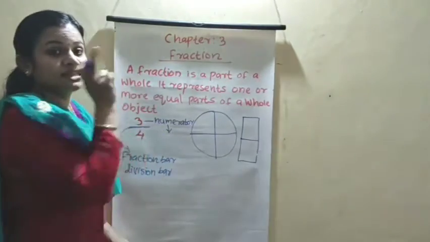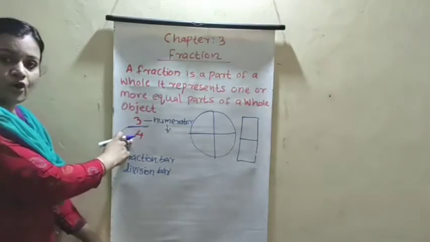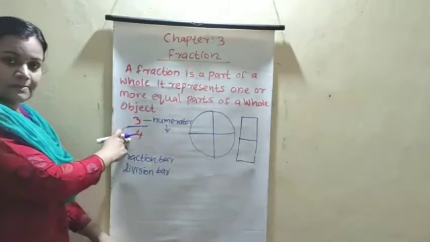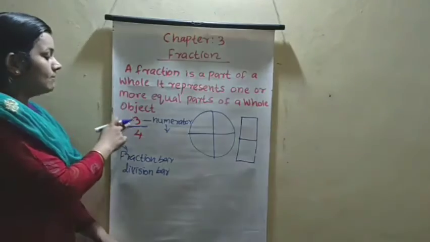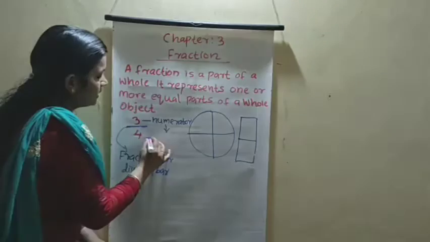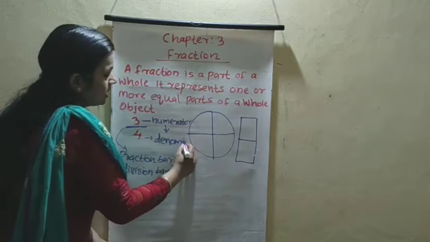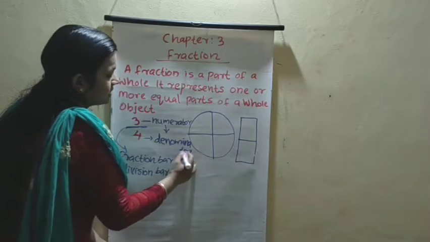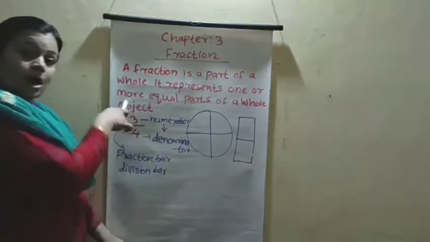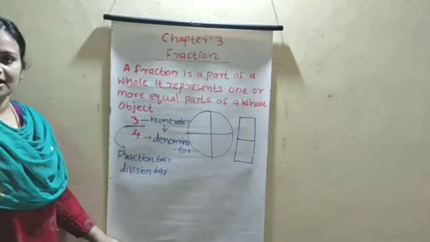It indicates the number of equal parts considered. This is 4, the number below the fraction bar. The number below the fraction bar is called the denominator. 3 is called the numerator, above the line. 4 is called the denominator, below the fraction bar.